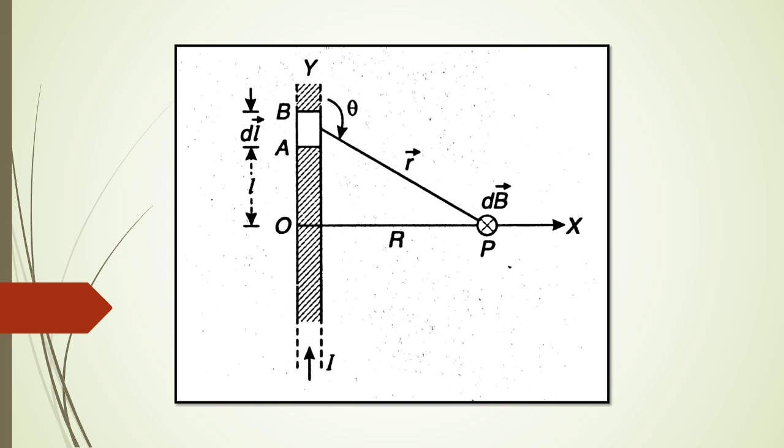Here dB bar is the small magnetic field due to the length element AB at point capital P, and theta is the angle between the current carrying conductor and the straight line drawn between the length element AB and point P. Capital R is the distance between capital O and capital P.